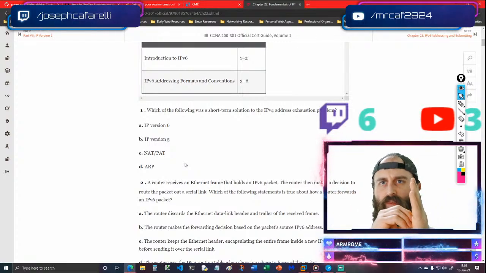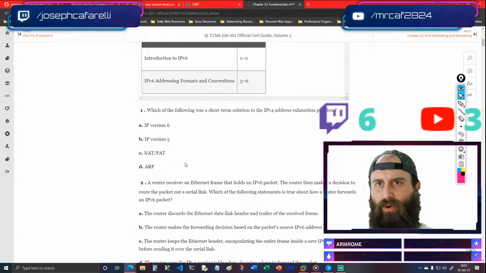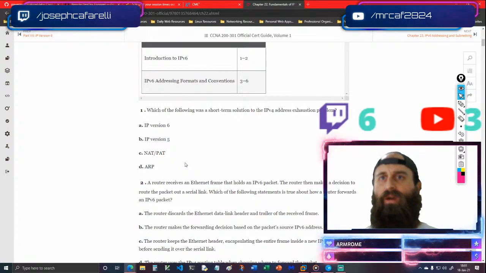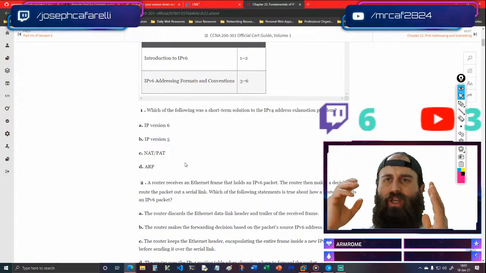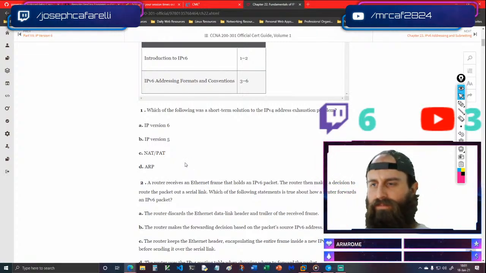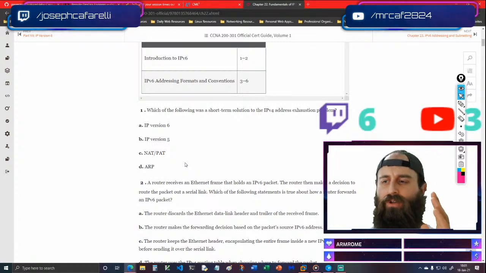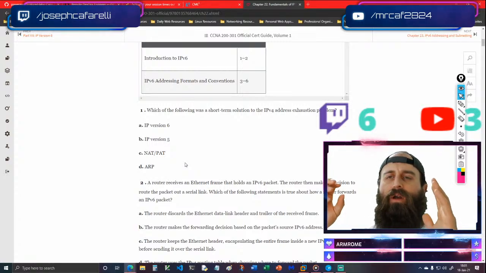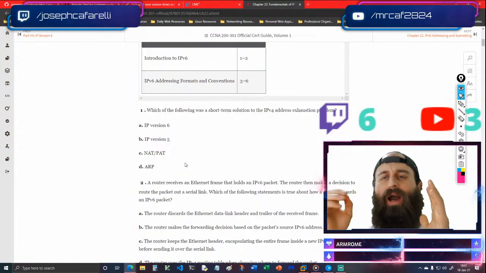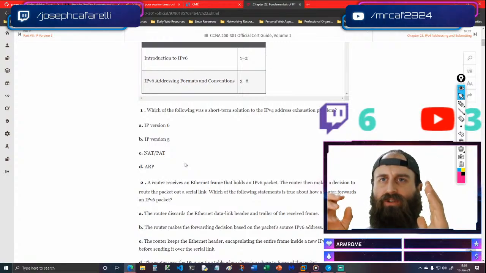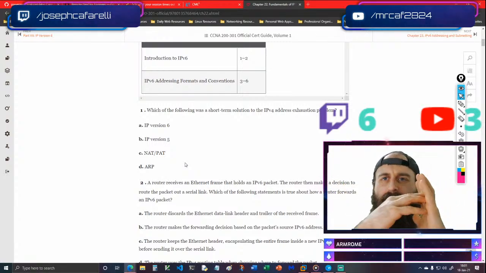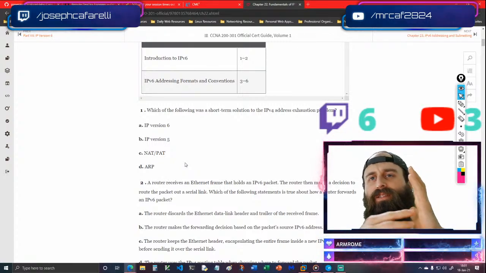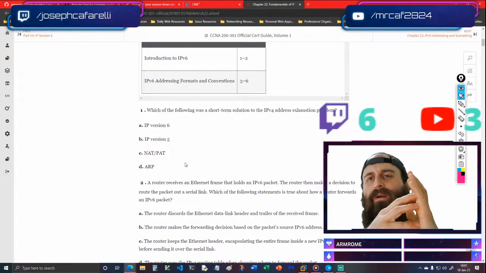When you get your IPv4 address from your DHCP server, that address that you have on your PC, laptop, phone, or whatever, is not publicly facing. That's a private address.